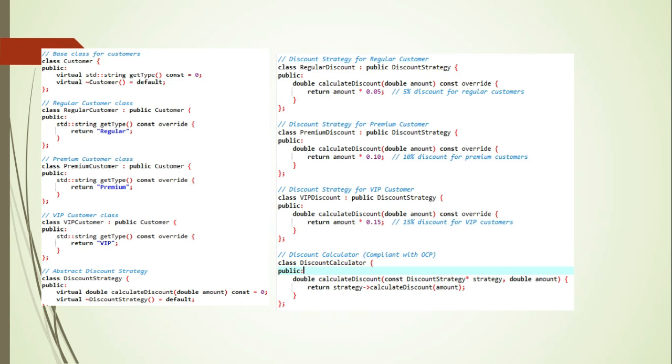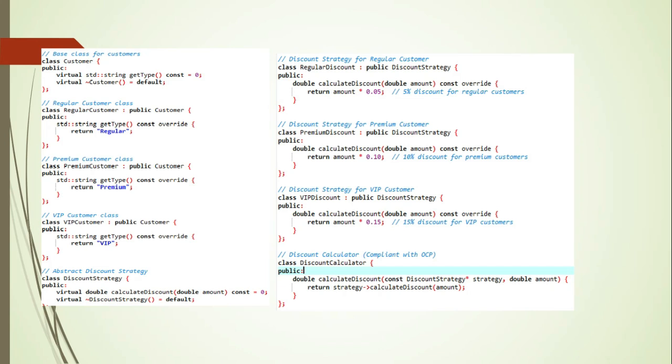The discount calculator is closed for modification because once it is written, you don't need to modify it to add a new discount strategy. The method calculate discount will still work correctly with any new class that implements the discount strategy interface.